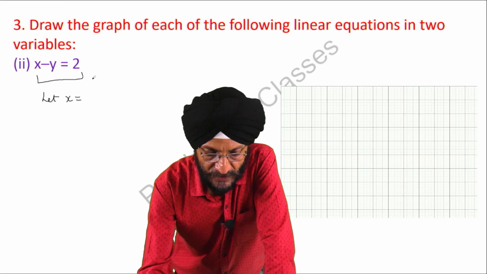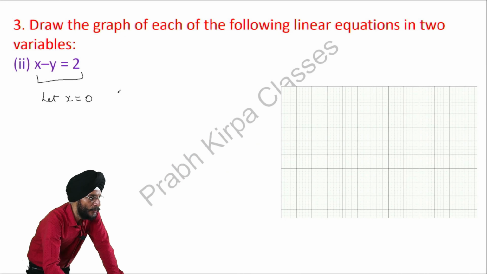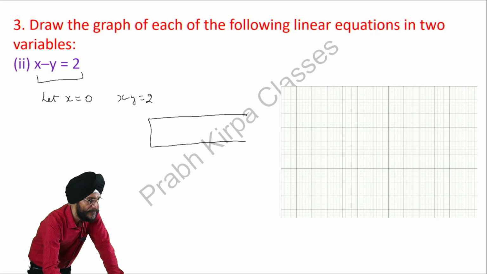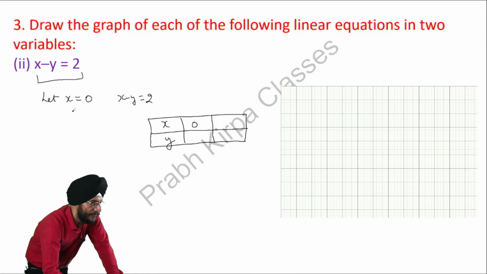In the first case we assume the value of x is equal to 0. The equation given is x minus y is equal to 2. In the same way we will here form the table, small table, where we will write the values of x and y which we will be calculating. X is 0, then what will happen?